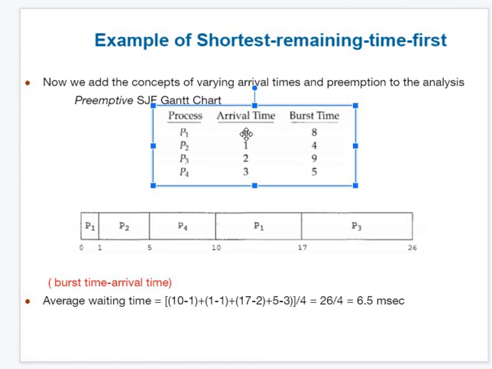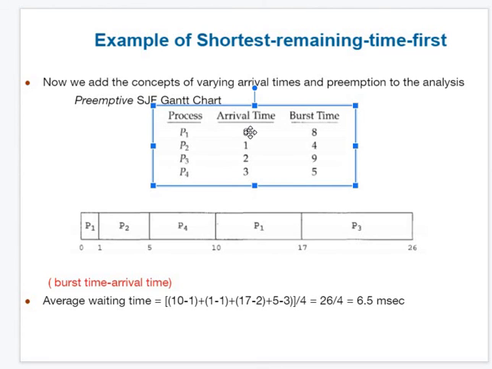If the time instance we are discussing is 0, that is the first vertical line, we should never bother about P2, P3, P4 because they are going to arrive late. Late means after the first second, second second, third second. But we are discussing 0 now.